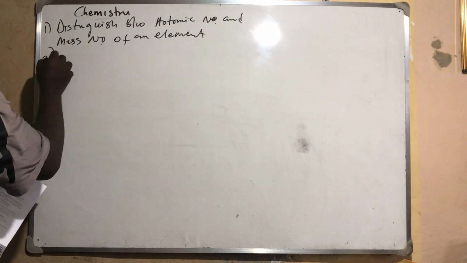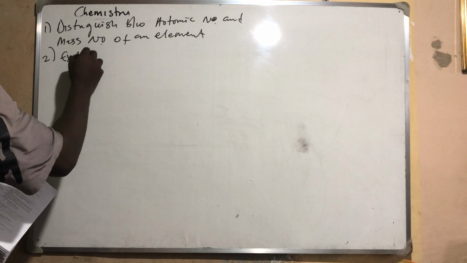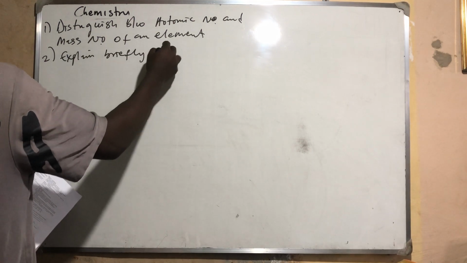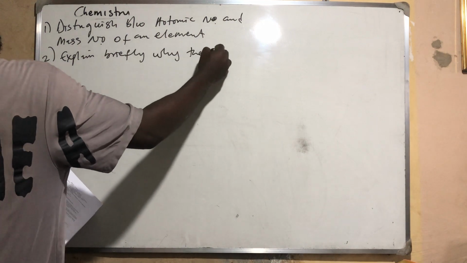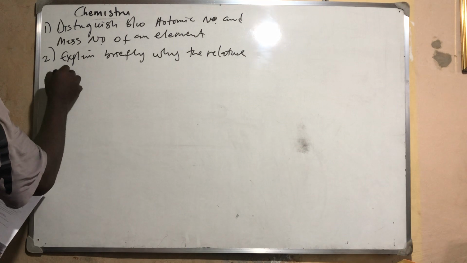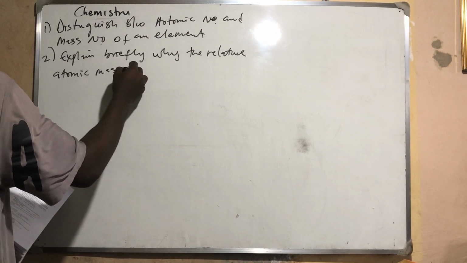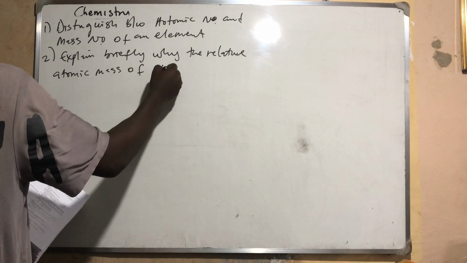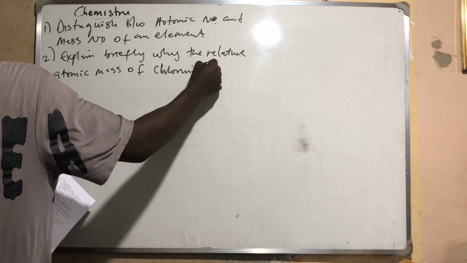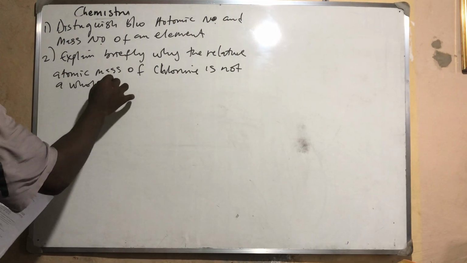Number two said, explain briefly why the relative atomic mass of chlorine is not a whole number.